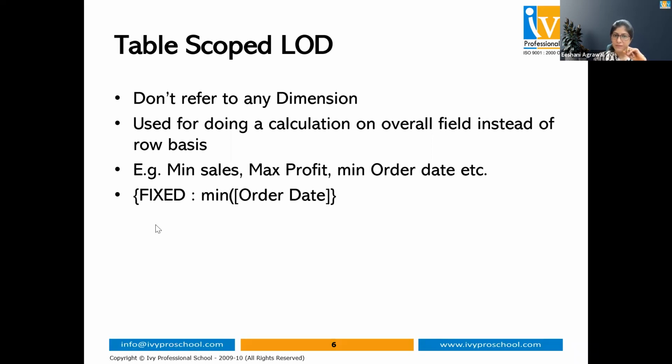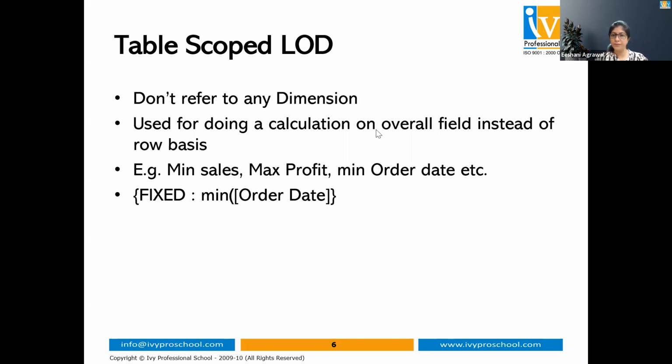Is it making sense? So if I want to find the minimum of the sales, maximum profit, minimum order date, then we'll use a table scoped LOD. And you may write fixed, you may not write fixed. It does the same thing. Curly brackets are important. And if you do an aggregation on top of a field, it generates one single value, and that's what it returns to us.